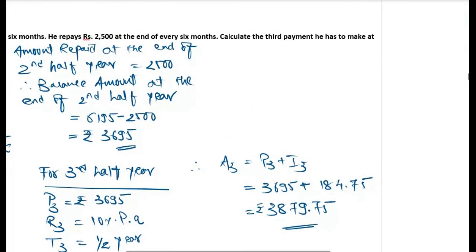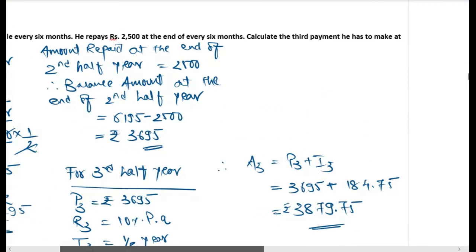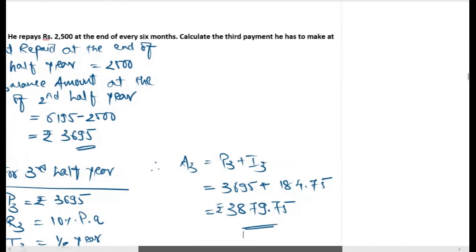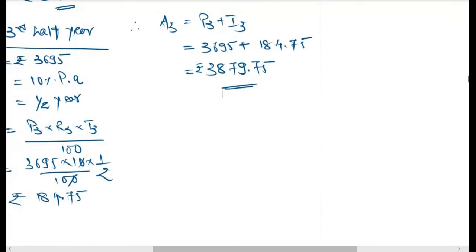Now, what was the question? Calculate the third payment he has to make at the end of 18 months. Have we reached the end of 18 months? Yes, in order to clear the entire loan. So this is the answer. Now we have to write this answer in statement form.